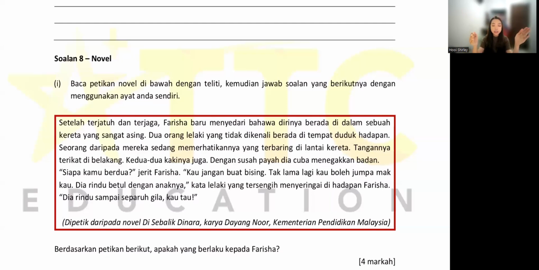Alright, novel is split into two questions, the first and the second question. The first question is about 4 marks and the second question is 6 marks. For the 4 marks question, it's berdasarkan petikan, meaning to say the answer is given in the petikan. You just open big your eyes, then you will be able to get the answer.